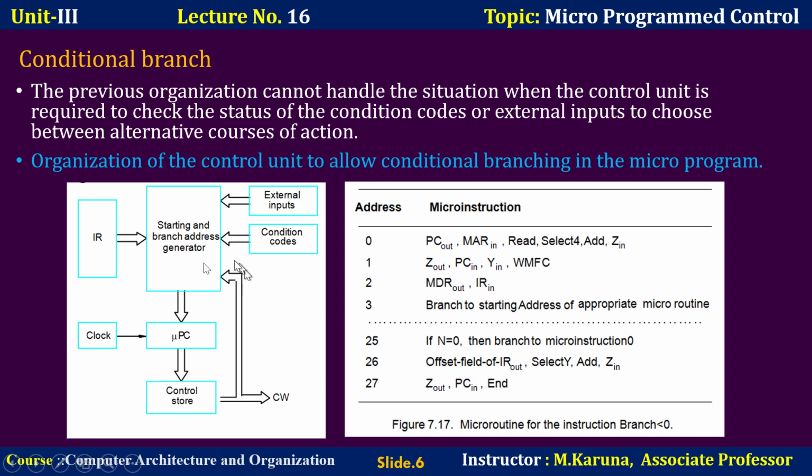The corresponding small hardware circuit is required. Here the branch instruction address generator, according to the instruction available in the instruction register, generates the starting address of the micro instruction. If any branch occurs, based on the external input and condition code, then the PC will be loaded with the specified target address, and at that address whatever instruction code is available will be transferred to the processor.